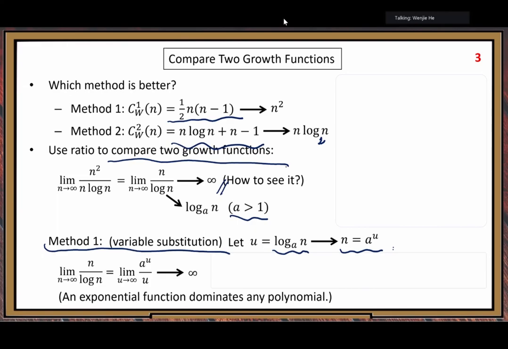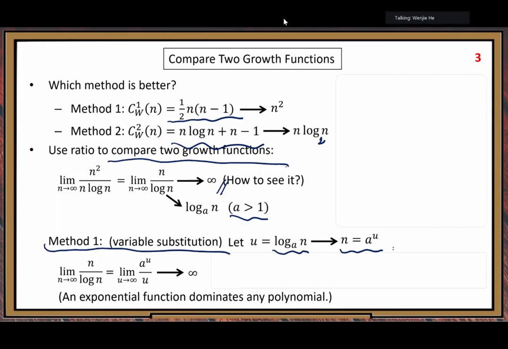But we add an exponential function. But you have some idea about the exponential function, right? In our real world experience, we know the exponential function increases very, very fast.